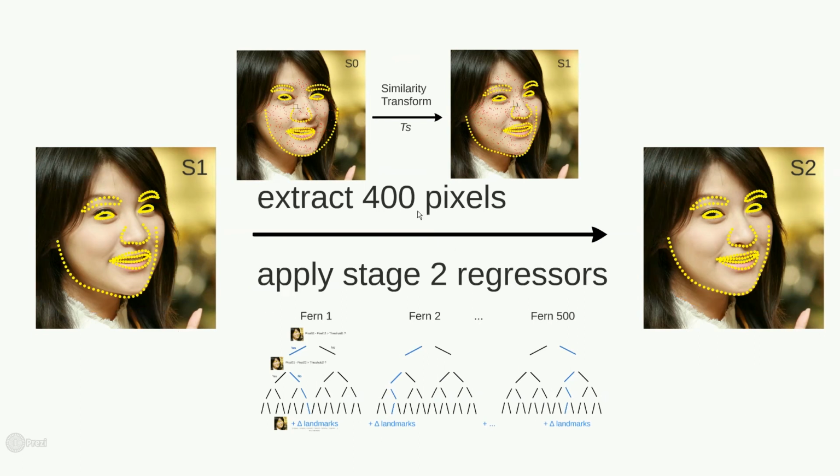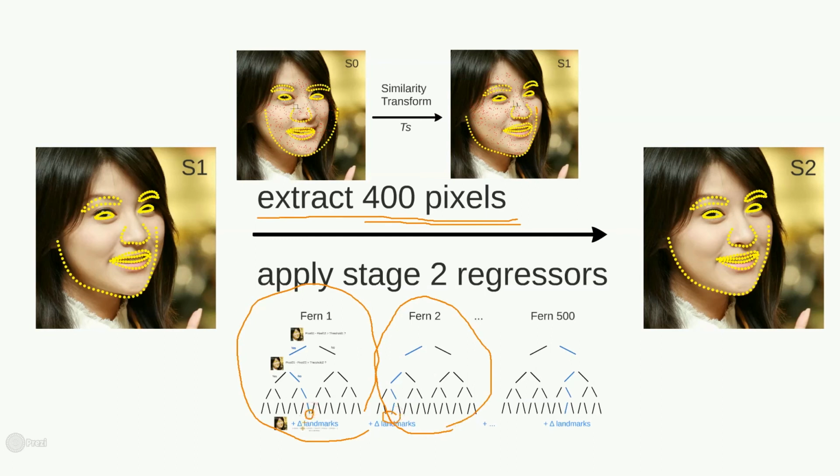So this is how it works on a stage. Again, first we extract 400 pixels. We would apply the similarity transform according to shape 1, so that the pixels would be closer to the face. And then using these 400 pixels, we would traverse all these ferns to reach their leaves.